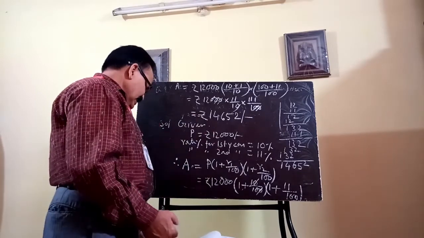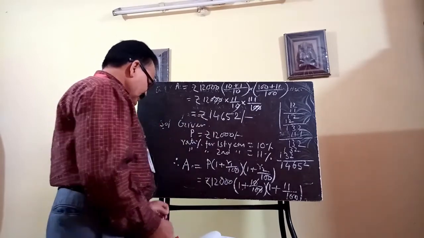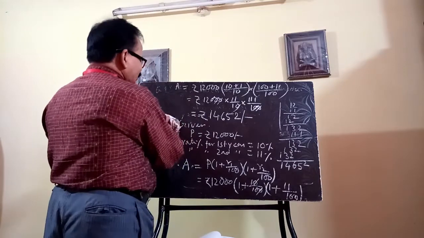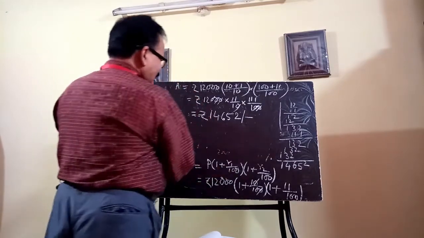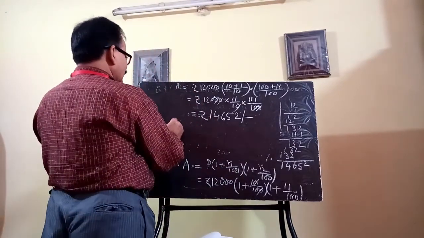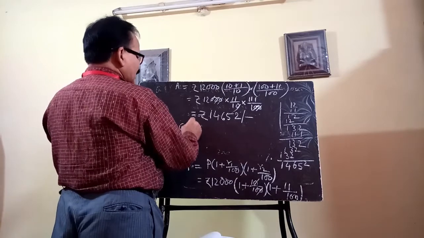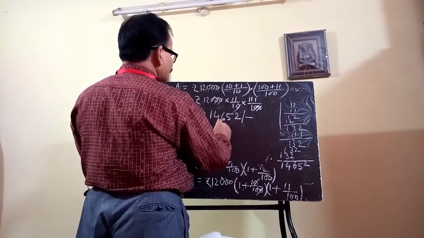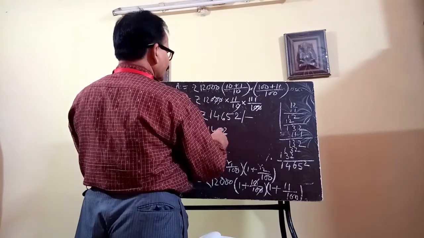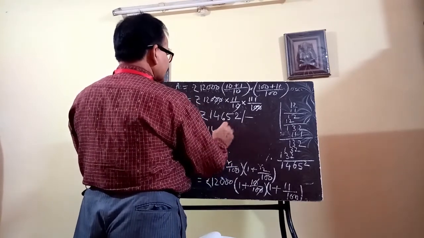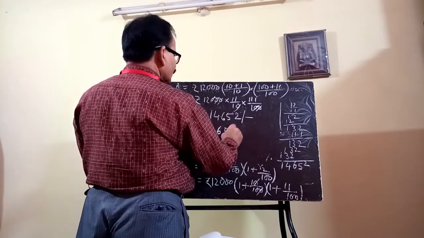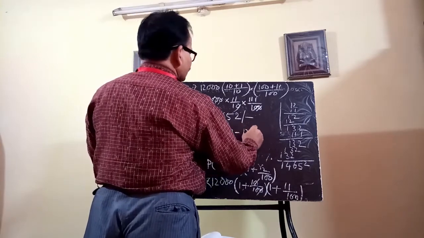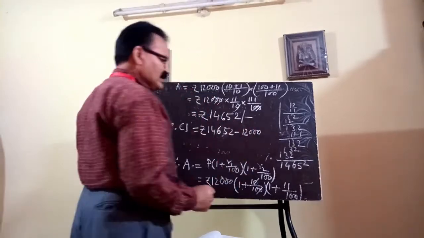Now if in this question it was given to find also the compound interest, then for finding compound interest, you just subtract 14652 minus 12,000, which was the original principal.